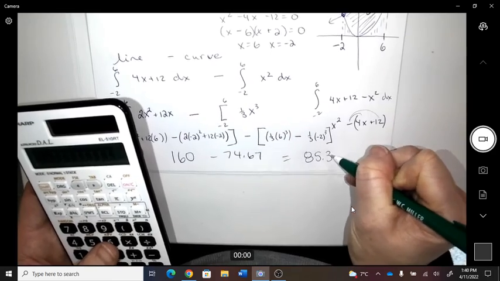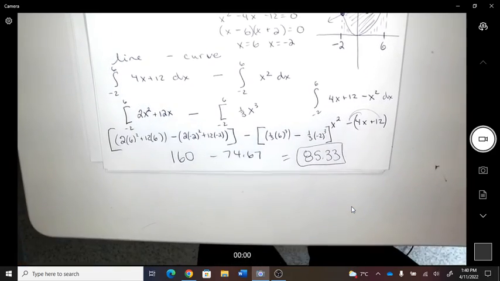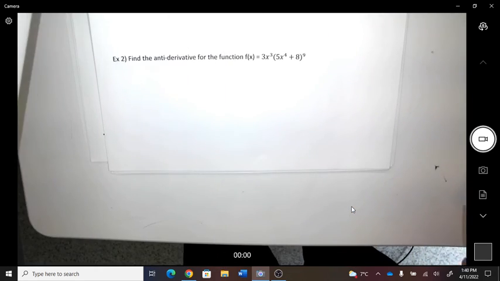And again, if you had done them in the wrong order, not a big deal. You would have got that as a negative, and then just make sure you change it.